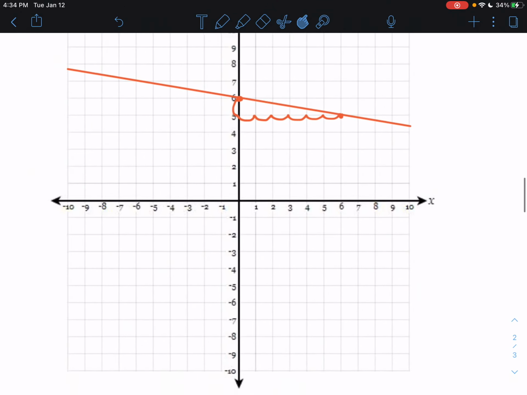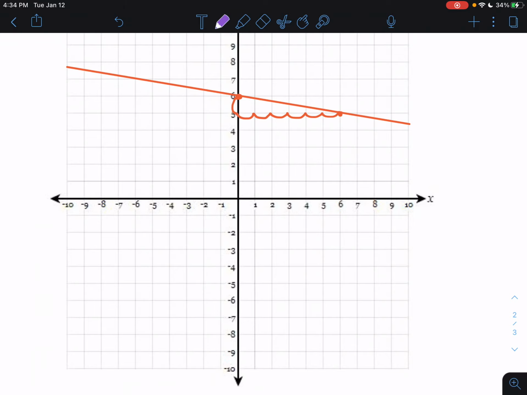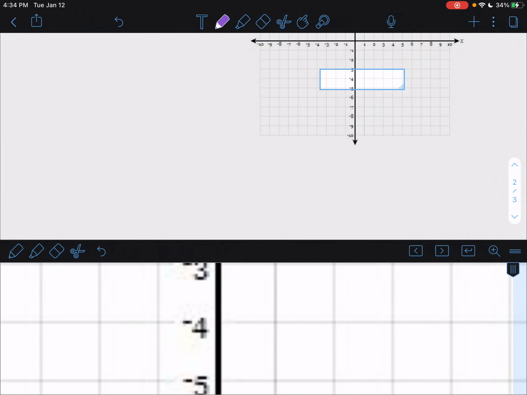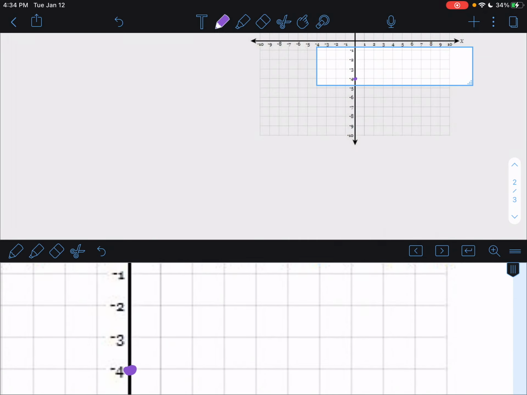And this is the next equation I want to graph. So let's see. I'm going to put a point at -4. And my slope was 3/2, meaning I want to be going up 3, right 2. So 1, 2, 3, and then right 1, 2. Which takes me to this point, 2, -1.